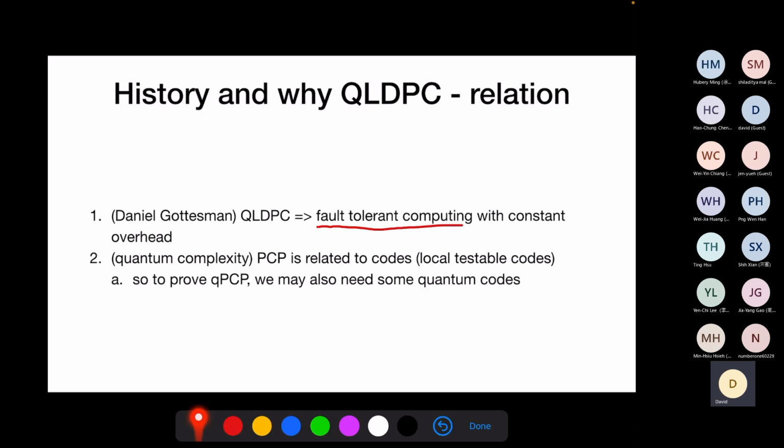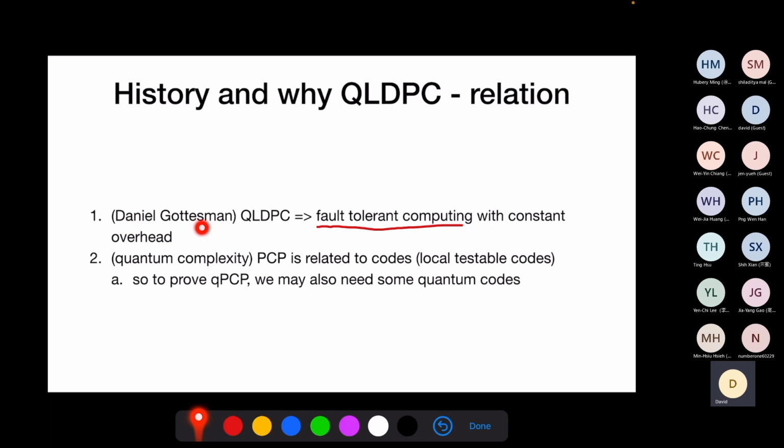To define it formally, it means you want to make sure that even in the decoding step, you won't build up too many errors.